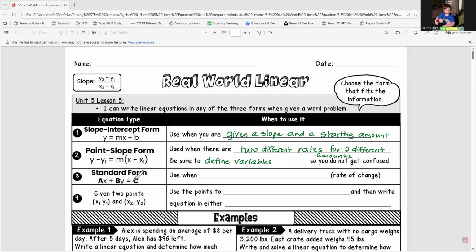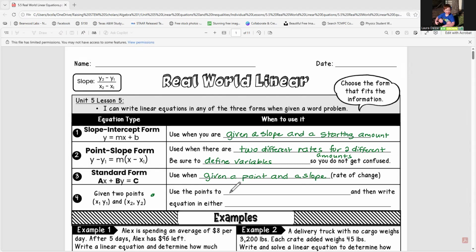And then standard form, how you'll know to write an equation in this form is going to be when you are given a point and a slope. Now, sometimes they can give you 2 points instead of a slope, and that's no problem.